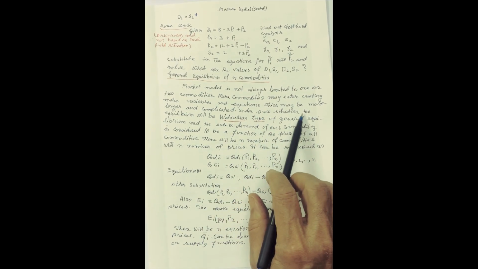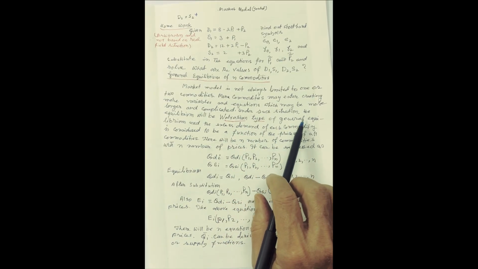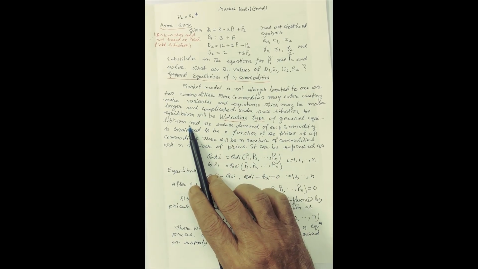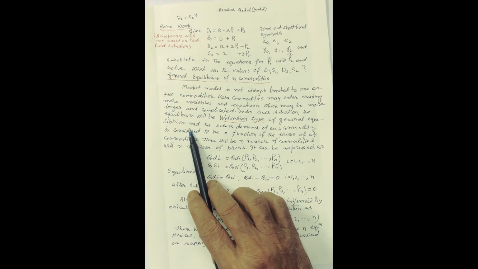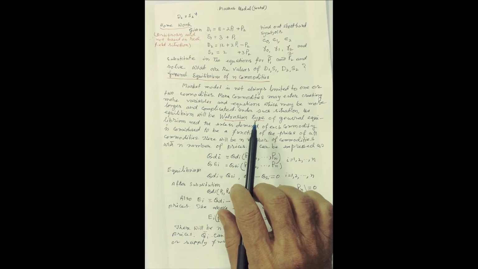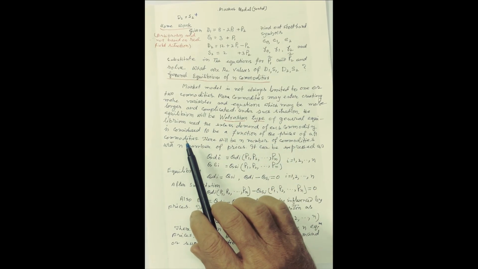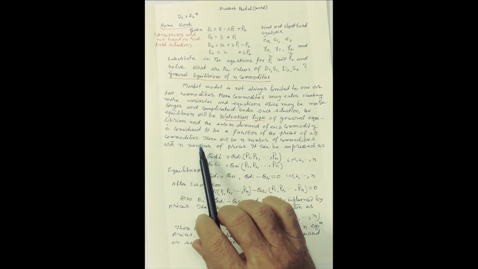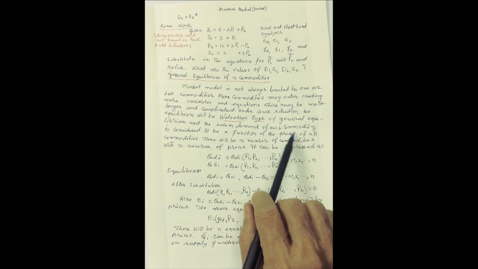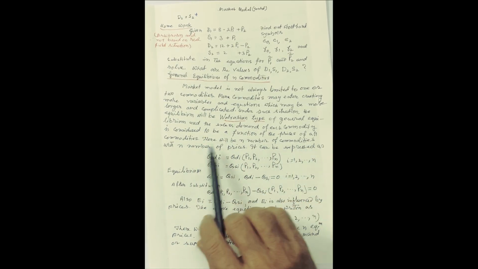Under such situations, the equilibrium will be a Walrasian type of general equilibrium. When commodities are more, n number of commodities, then equilibrium will be Walrasian type of general equilibrium. And the excess demand of each commodity is considered to be a function of the prices of all commodities.